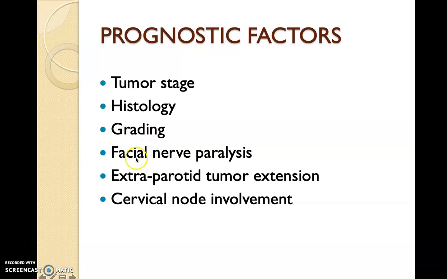Is it involving the facial nerve, the extension, and the cervical node involvement? Basically, facial nerve paralysis, extension and cervical node involvement are part of the staging because that's the metastasized part. So these are the important factors that you use to come to the prognosis.